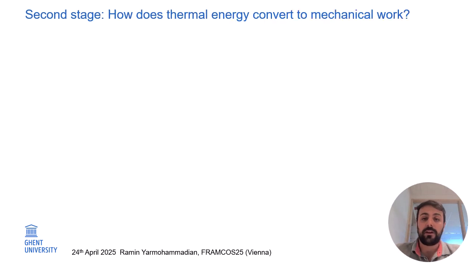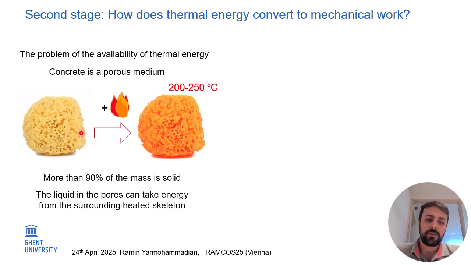So how? Concrete is like a sponge, as you see here, and this sponge at high temperature is heated, and this 90% of the mass which is heated can instantly give its energy to the pores where we have water.